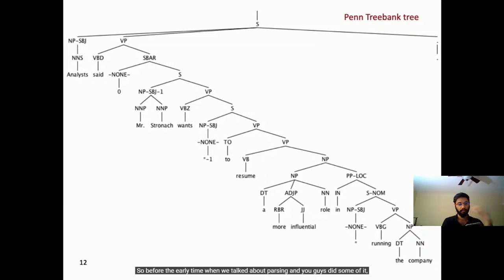So earlier when we talked about parsing, and you did some of it, I emphasized dependency parsing.